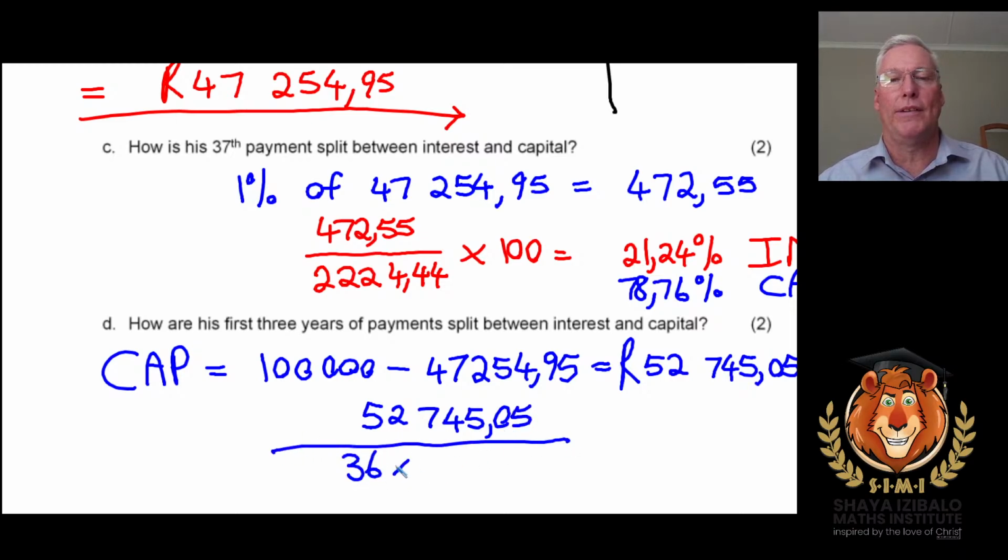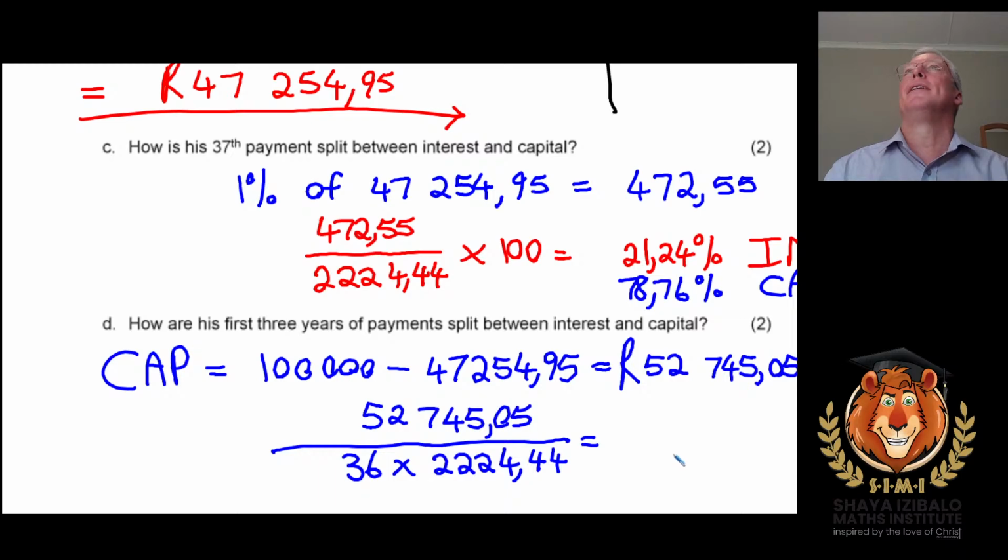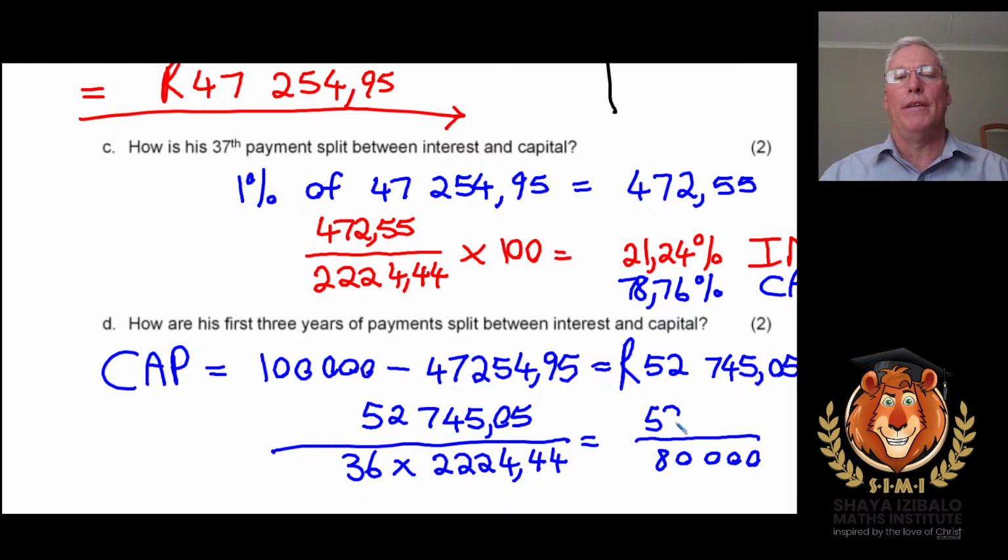So 36 times 2224.44. This number on the bottom here, just for interest, it's around about 80,000. It's not exactly 80,000, right? And so we can see that of the 80,000 that Sanele is paid, the loan's only come down by that much.